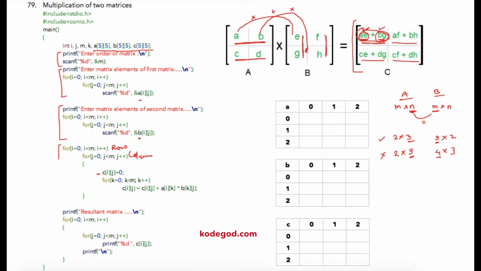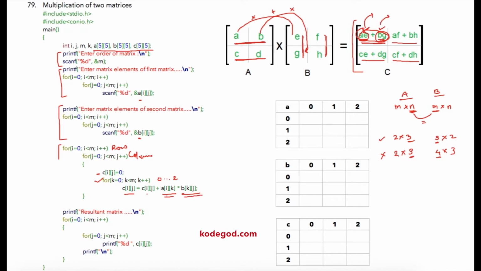Then this will loop from 0 till whatever the value m has, assuming it to be 2 in this case. So for the current value of Cij, we are taking the first element from the first matrix and the first element from the second matrix. That will give me this result, and then in the second iteration of k, the second element from both matrices will be used, and that will give me this element.